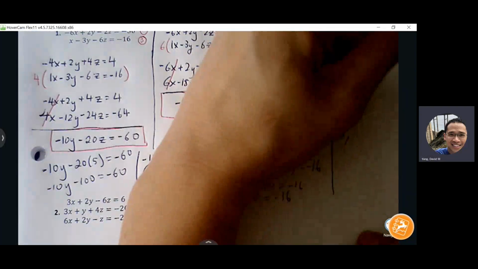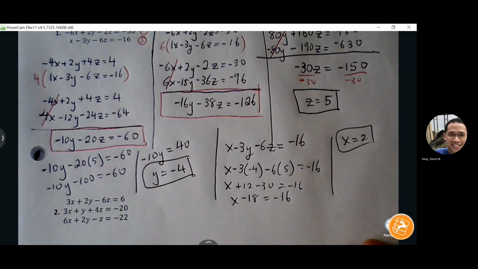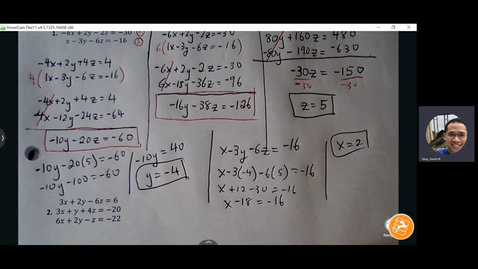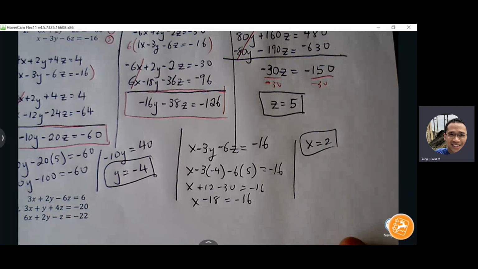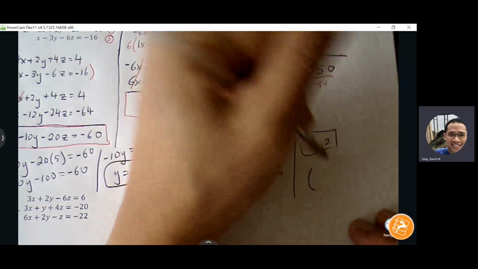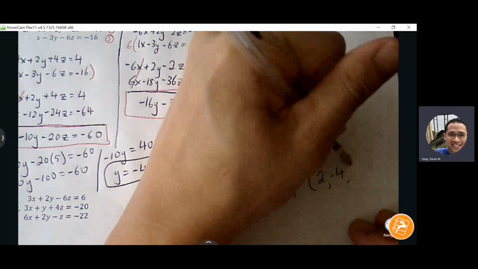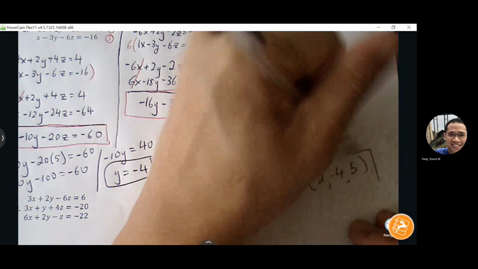Add 18 to both sides, x equals 2. Okay, so this is not an ordered pair, but an ordered triple. So x, y, z, that ordered triple will be 2, -4, 5.